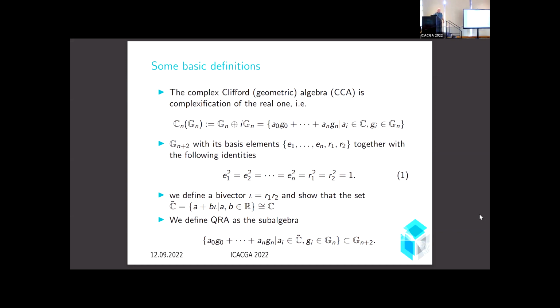So we define the quantum register algebra as a subalgebra in the n+2 dimensional geometric algebra, such that all elements square to 1, and we take just linear combinations of the elements from Gn such that coefficients are from the C tilde.